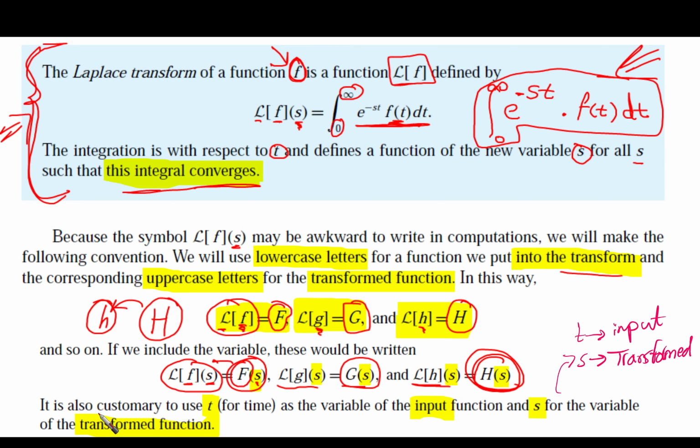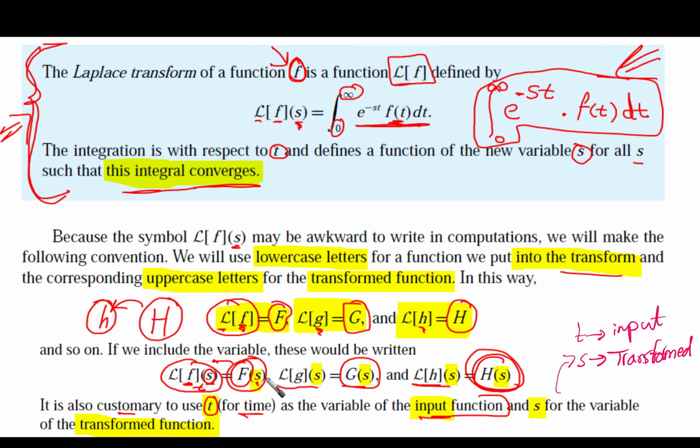It is also customary to use t, which is the input function variable, for time as the variable of the input function, and s for the variable of the transformed function. So this is also customary. You can find that sometimes we put t instead of s here.